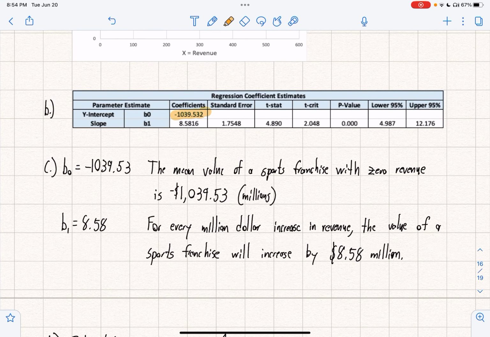So I went ahead and calculated the standard error. So we have our t statistic of 4.89, and we can see it exceeds t critical. 4.8 is bigger than 2, therefore we would reject. Or we could do the p-value approach. So p-value is very small. In fact, it's just listed as 0 out to 3 decimal places, which is less than alpha of 0.05. So we can use either method.